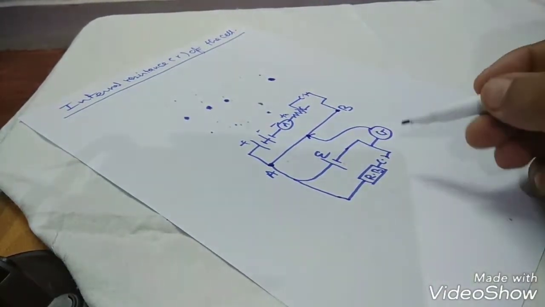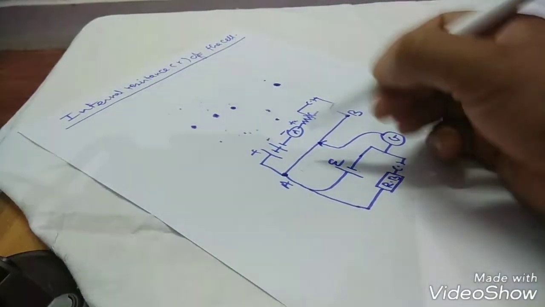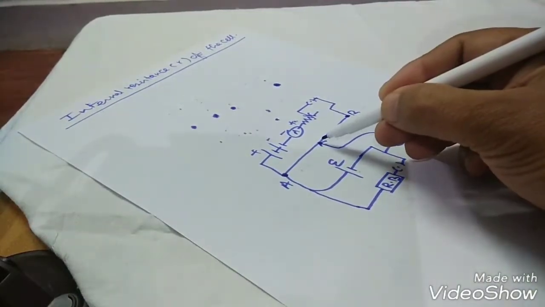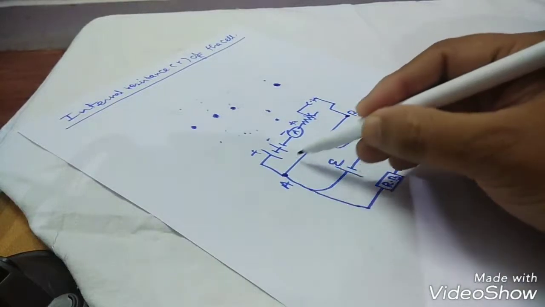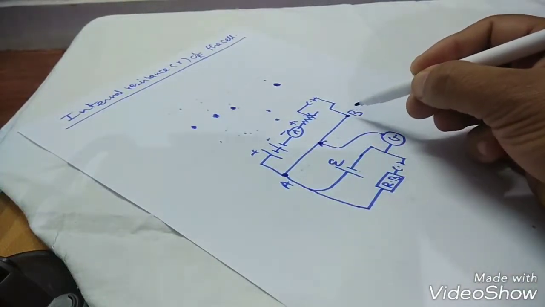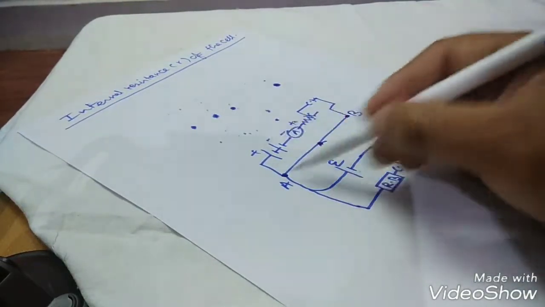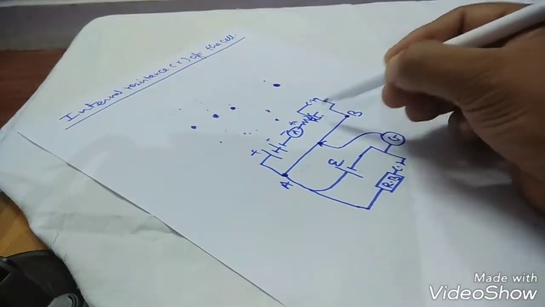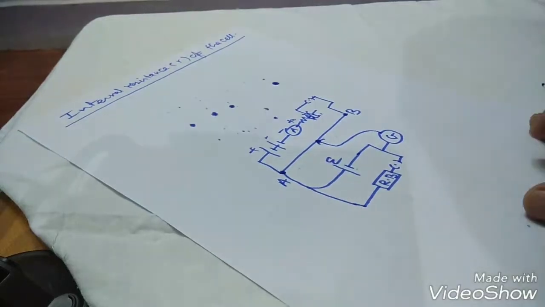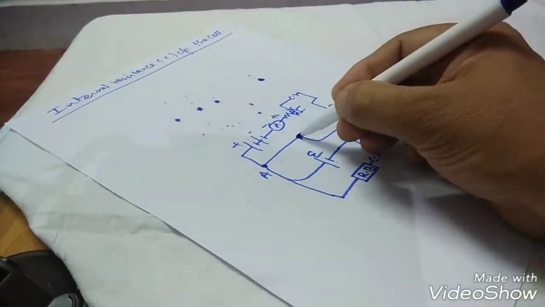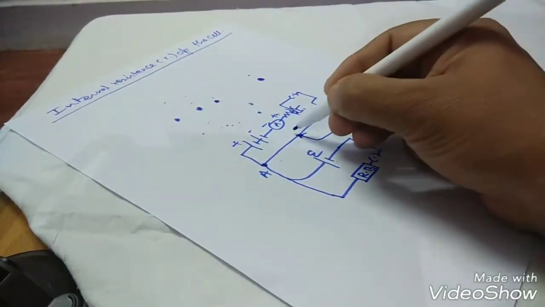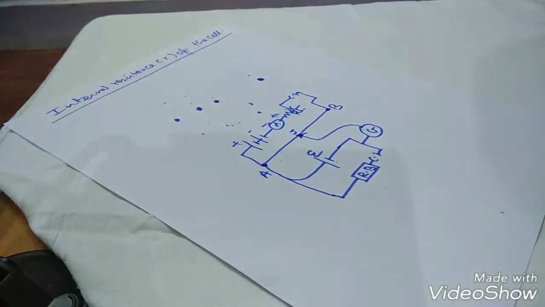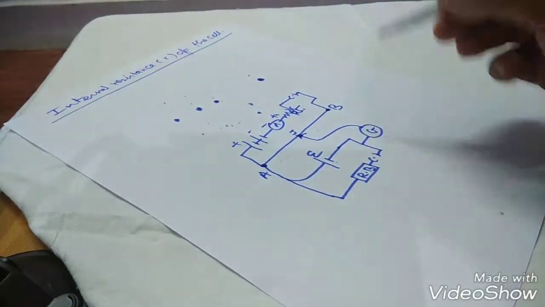So what will we do? We will move this jockey along the length of this potentiometer wire by flowing certain current with the help of this rheostat through this potentiometer wire. Suppose at point J we get balancing point.